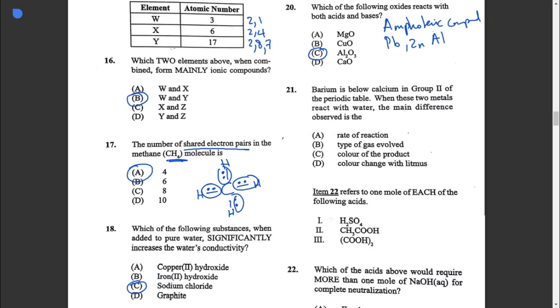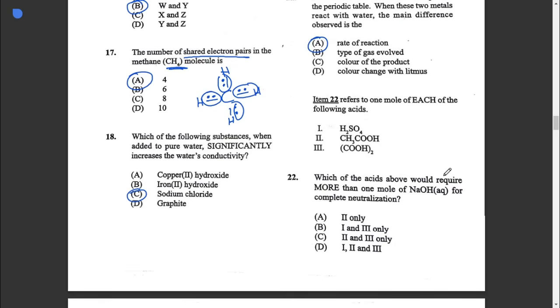The nucleus has a weaker pull on these valence electrons, and if they can easily give up the electron, that means they are very reactive, and so that would increase the rate of the reaction also. So it's the rate of the reaction in that case.